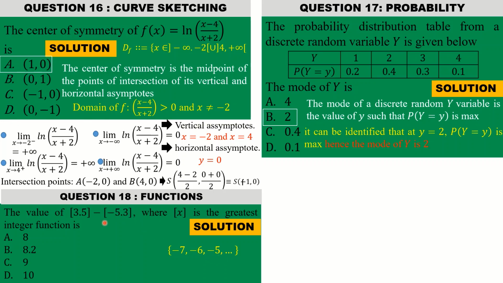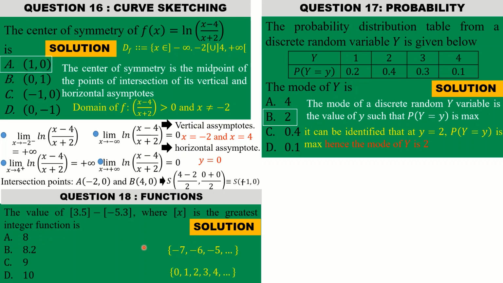The greatest integer of negative 5.3 is the greatest integer that is less than negative 5.3, and it is negative 6, because negative 5 is greater than negative 5.3, but negative 6 is less than negative 5.3. So the greatest integer of negative 5.3 is negative 6.